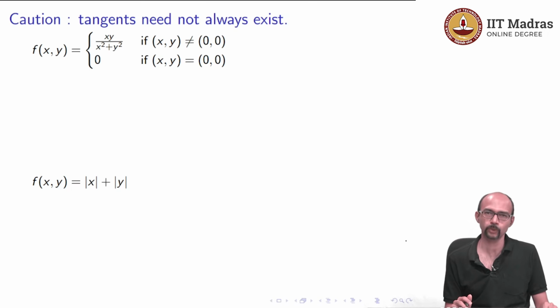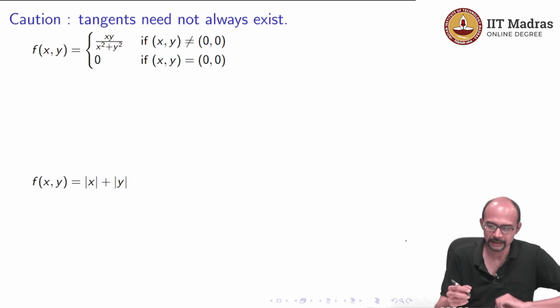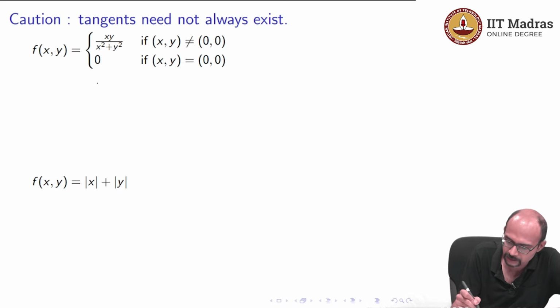So, we have seen this even in one dimension. If you take f of (x, y) is xy by x squared plus y squared if (x, y) is not (0, 0), and 0 if (x, y) is (0, 0), we know that at the point (0, 0) there is some problem, right. So, we have seen in this example that the partial derivatives exist.